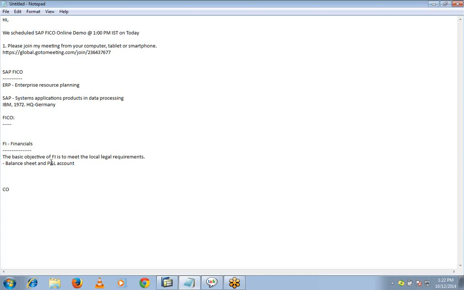In order to get the balance sheet and profit and loss account of that organization, they have to follow some sub-module implementation as well. When I say SAP FI, it includes these sub-modules. We have general ledger accounting, we have accounts payable, we have accounts receivable, we have asset accounting.